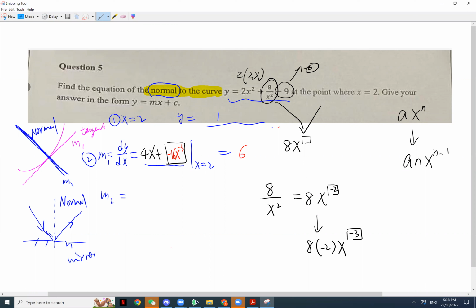You got 6? -1/6. We have a point. So you can just write y minus 1 equals -1/6 times x minus 2. That's the equation. Yeah, that's the equation.